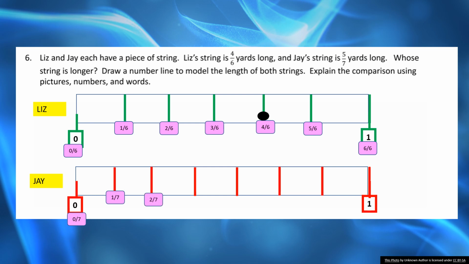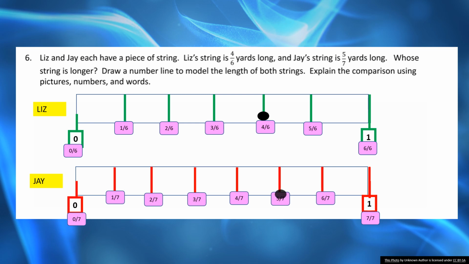So after 1/7 would be 2/7, 3/7, 4/7, 5/7, 6/7, 7/7. Okay, so we have 7/7. Now, 7/7 is the same as 1 whole because as we know, 7 divided by 7 equals 1. So I know that all of my fractions are in the correct place on our number line.